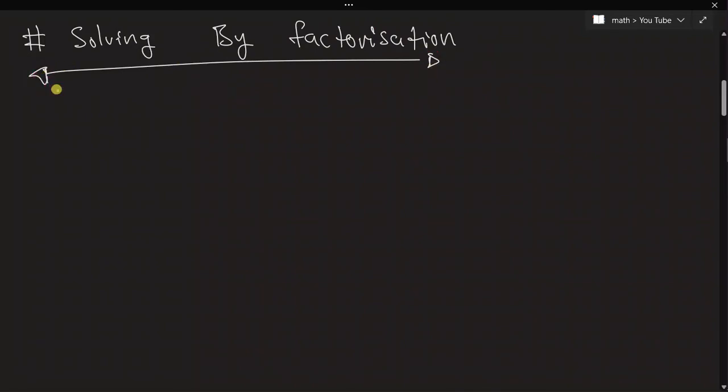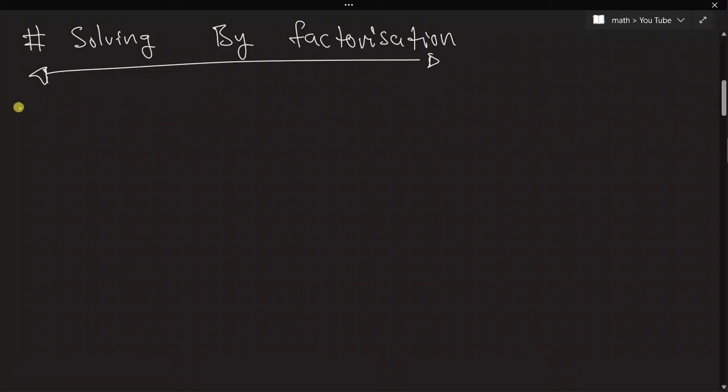Now, we are going to look at a few examples, and we are going to demonstrate using these examples how one can go about solving quadratic equations by making use of factorization.